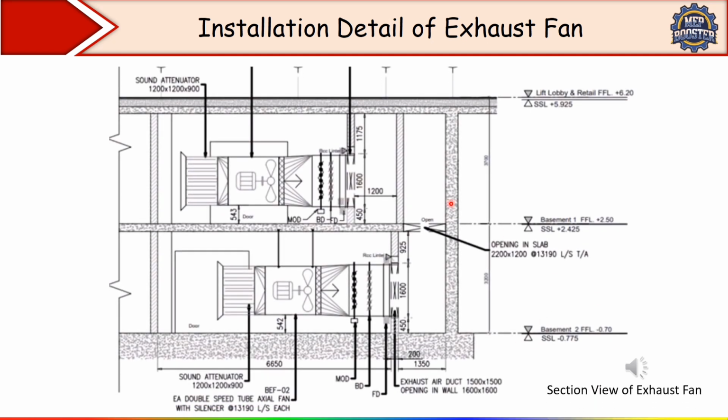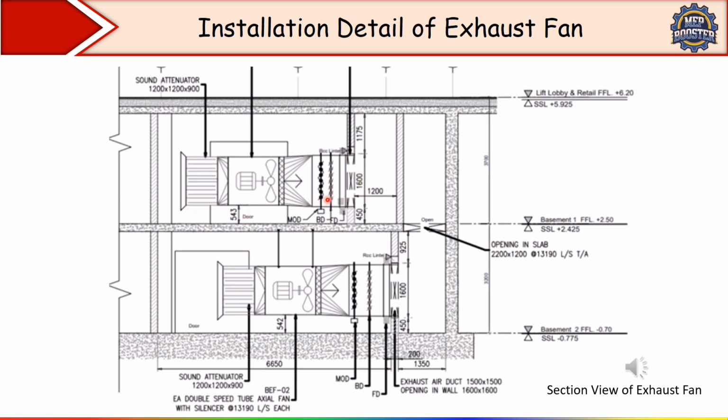You can see this is our basement 1 and basement 2, and we have installed this exhaust fan here. This is a section view of the exhaust fan. See, 1.2 meter distance we have to maintain from this wall up to here. Then we have to hang this exhaust fan, and the minimum distance we have to maintain from finished floor level to this fan is 543 mm.